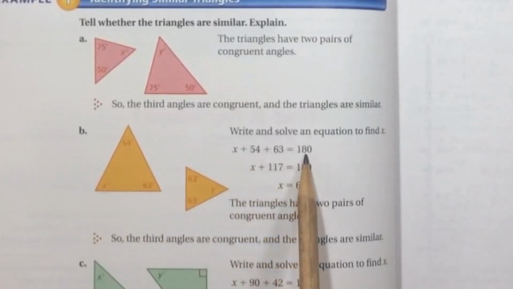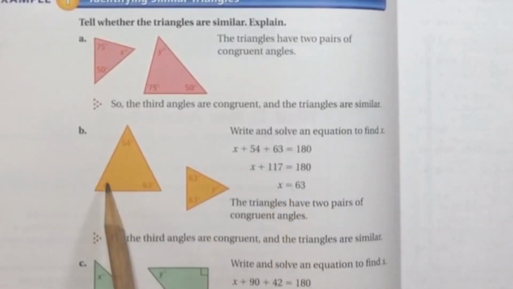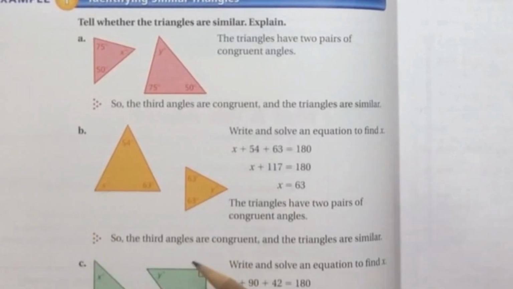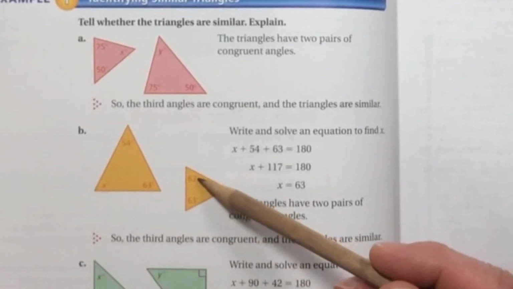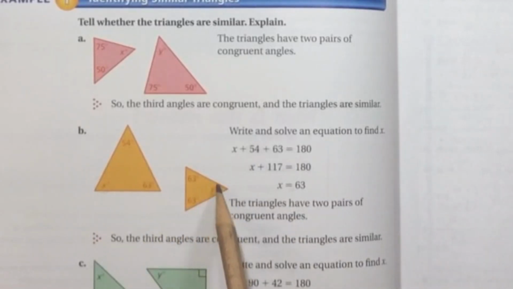We know that equals 180, so we solve for x. X equals 63. So this would be 63, 63, and 54. So yes, the two 63s match these two 63s, and these are two similar triangles. Incidentally, the y would have to match the 54 degrees, just so you know. So the triangles have two pair of congruent angles.